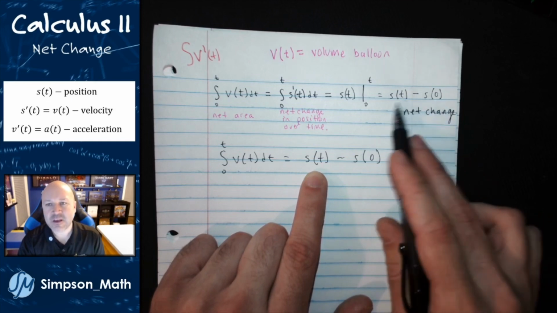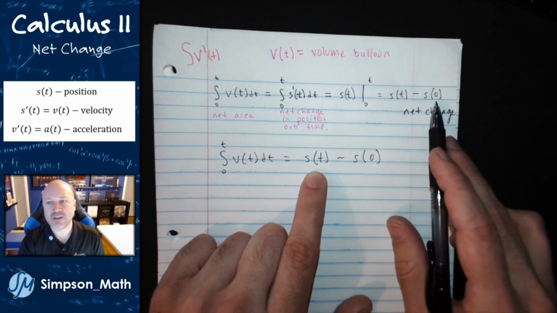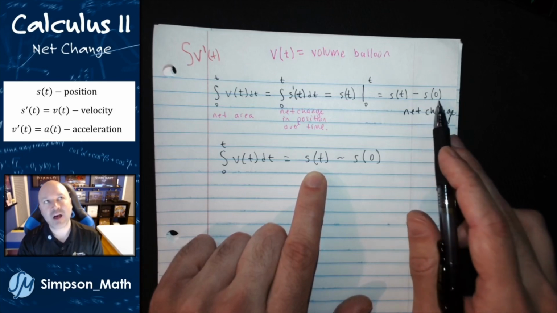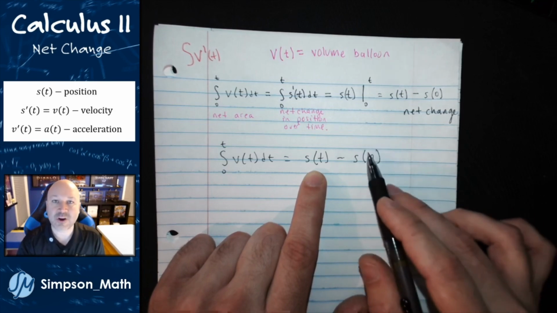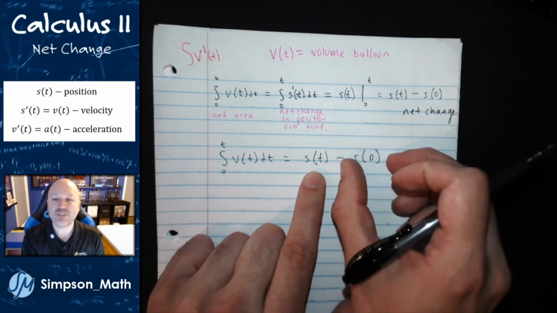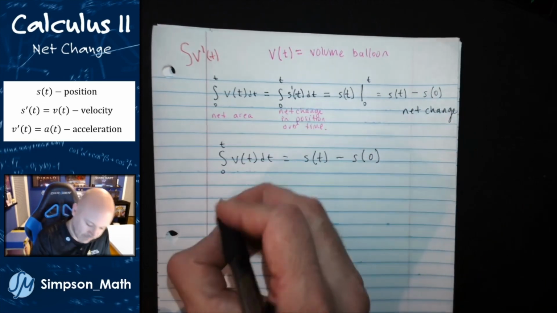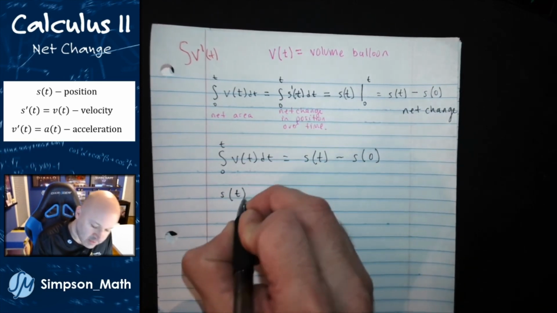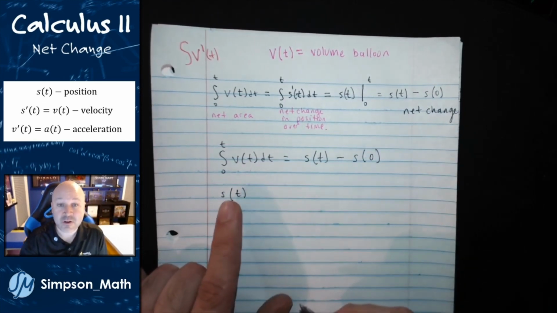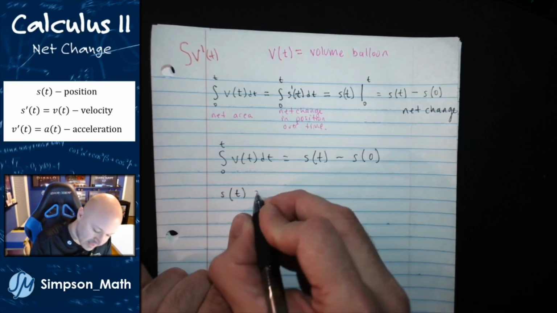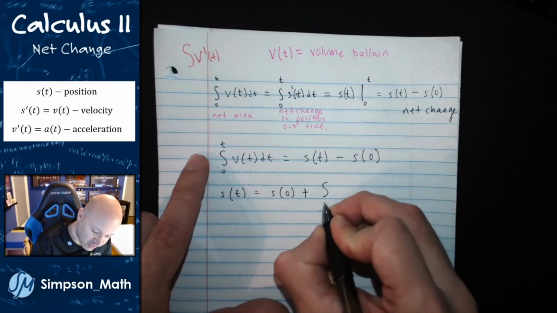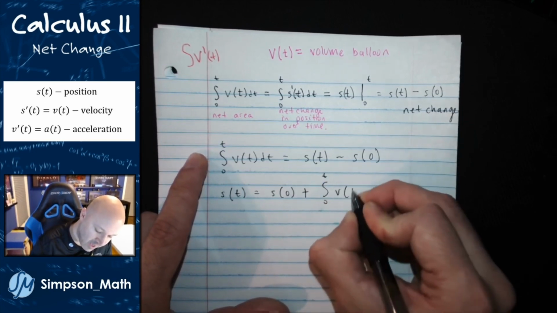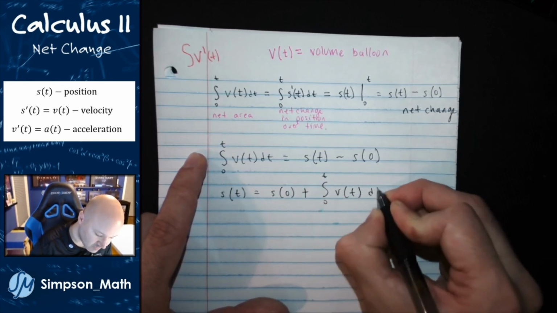If s of t is a position function, then s of 0 is the position when time was 0. This is an initial value, where we started. So I'm just going to add this initial value to the other side of the equation. One way to find or talk about the antiderivative is just plugging in an initial value and adding the integral from 0 to t of the velocity function.